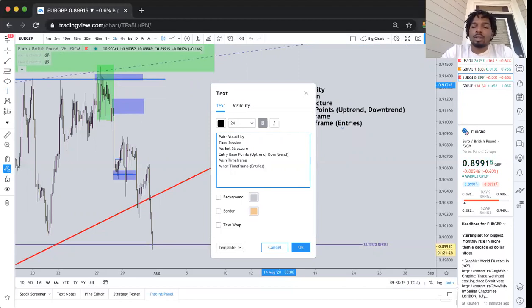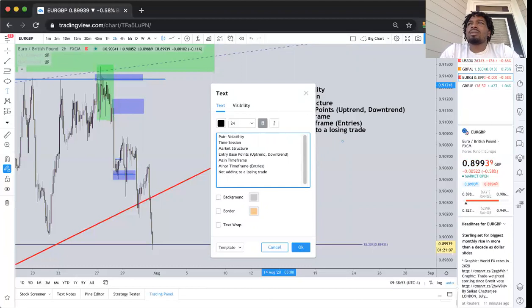Other things that you want are certain mindset things, like not adding to a losing trade.